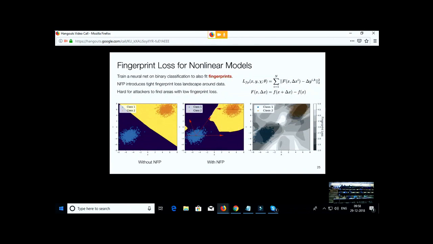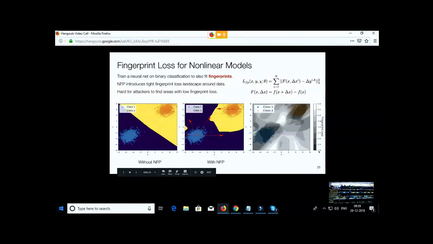And particularly if you look at the fingerprint loss in the panel on the right, dark regions are very low fingerprint loss, and any white and gray regions are very high-ish. You see that the fingerprint loss is at its minimum very tightly around the real data, and outside of the real data, this fingerprint loss quickly becomes higher.